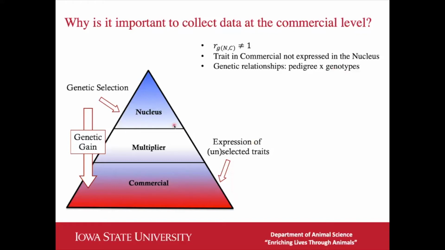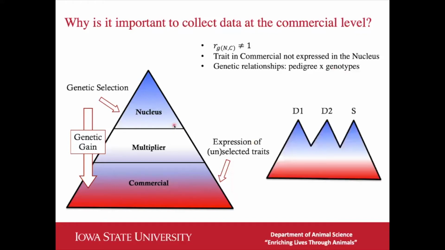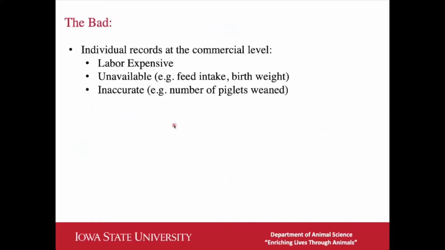And just to complicate things a bit more, we are actually talking about somewhat three pyramids because we usually use two dam lines and one sire line. Okay? So the bad of what we have nowadays, as I said, is that we have limited information at the commercial level. And to perform genetic selection, we actually need individual records.